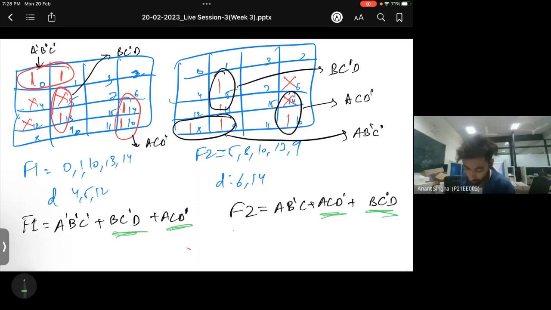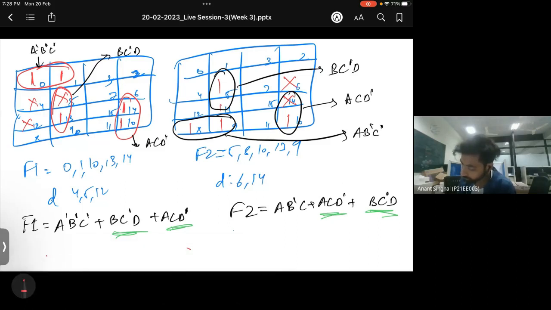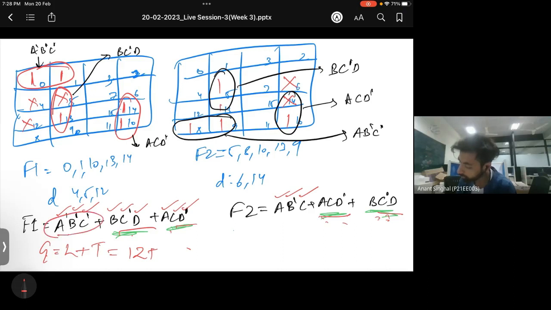So first we'll try to calculate the gate cost. Gate cost is nothing but the literals plus the number of terms. Literals will be, since these are common, so we'll count them only once. So 1, 2, 3, 4, 5, 6, 7, 8, 9, 10, 11, 12. Literals will be 12, plus the number of terms.